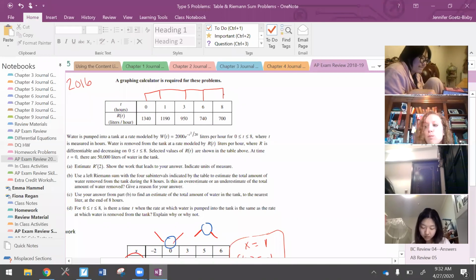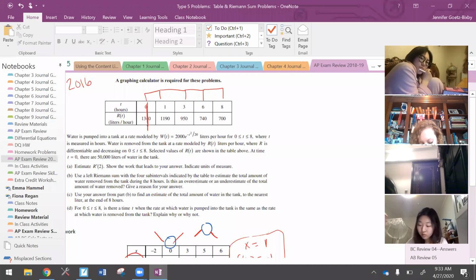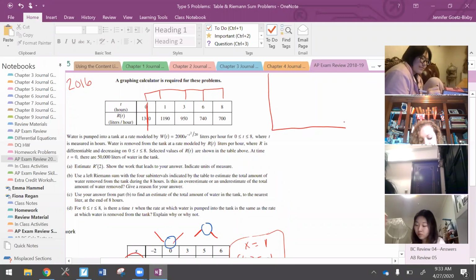Okay. And then left Riemann sum means I take the value on this side when I'm figuring out the area of the rectangle. Because remember, that's the whole thing about what a Riemann sum is: I have some subinterval from 0 to 1, and I want to figure out which side of that subinterval I'm going to use. So if we made this graph, it looks something like this.